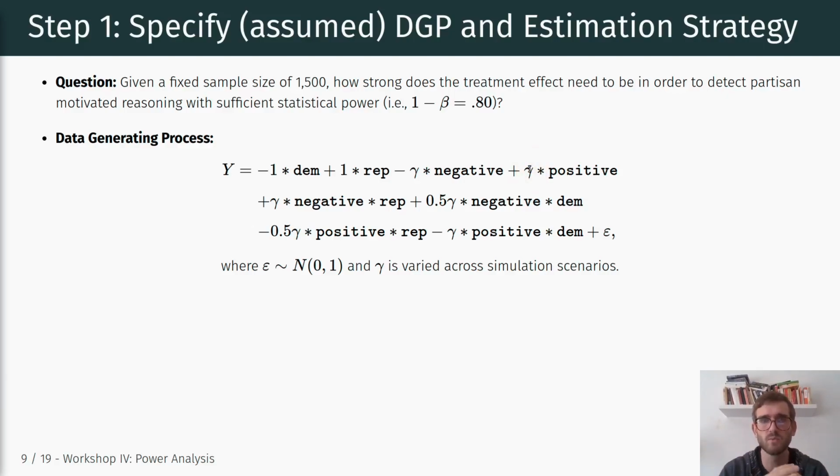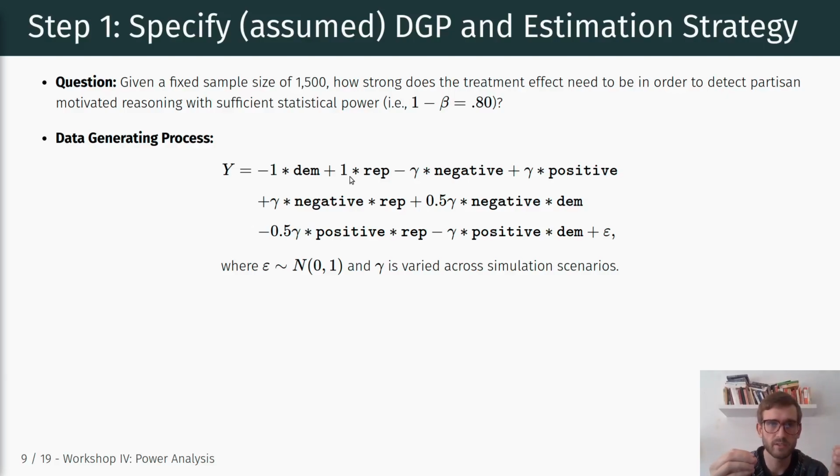So at the maximum of assumed effect size, which is probably larger than we would realistically assume, the effect would be +1 for the positive treatment and -1 for the negative treatment, which would basically imply that independents who receive the positive treatment evaluate the Trump administration just as positively as Republicans in the control group.